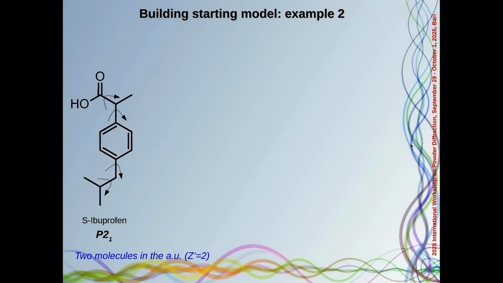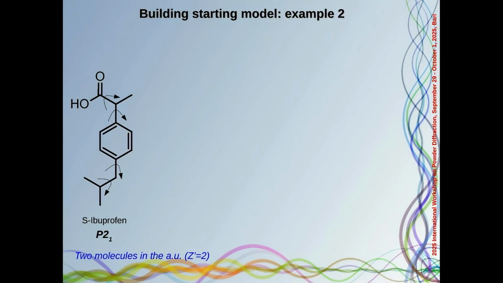And another example is this. If you are solving a molecular crystal structure, generally the classic situation is that you have one molecule in the asymmetric unit, but sometimes, not very frequently, you could have, for example, 2 molecules in the asymmetric unit.